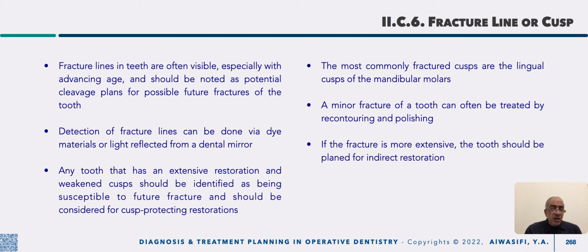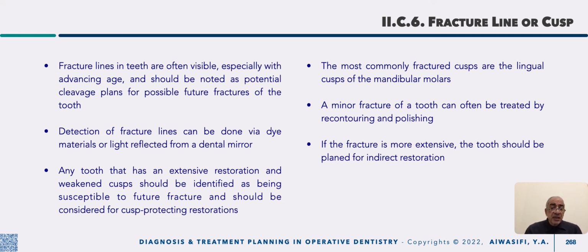Sometimes it is noted and sometimes it is misdiagnosed. But if you are using transillumination, you may discover it accidentally while you are diagnosing dental caries or any other defects. Detection of a fracture line can be done either by dye material or light reflection by dental mirror, or by microscope, as we discussed before.